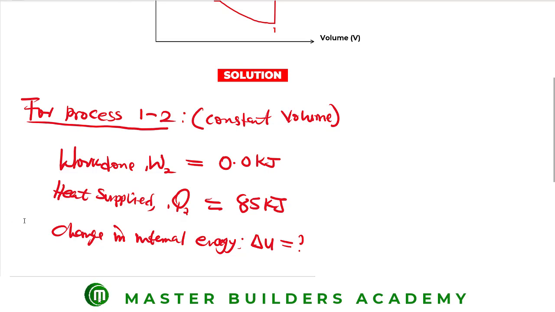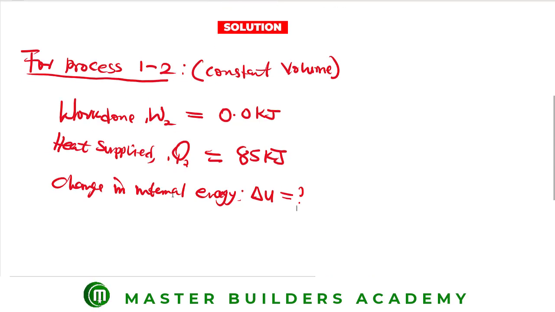So the first thing we want to find in this process is to obtain the change in internal energy. But let me quickly mention another thing that was given here.